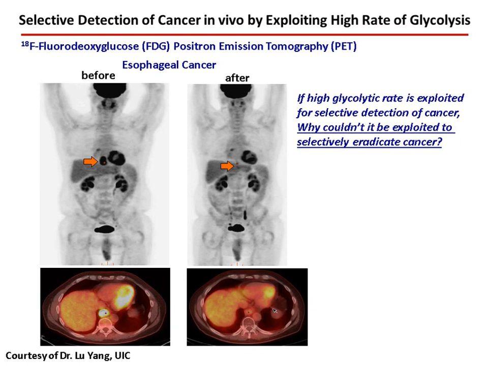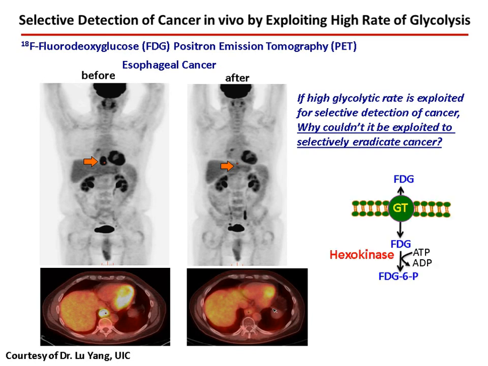So, if a high glycolytic rate is exploited for selective detection of cancer, why couldn't it be exploited to selectively eradicate cancer? Actually, the FDG PET scan is dependent on only two steps of glucose metabolism: the transport of FDG by the glucose transporters and the phosphorylation of FDG by hexokinase.